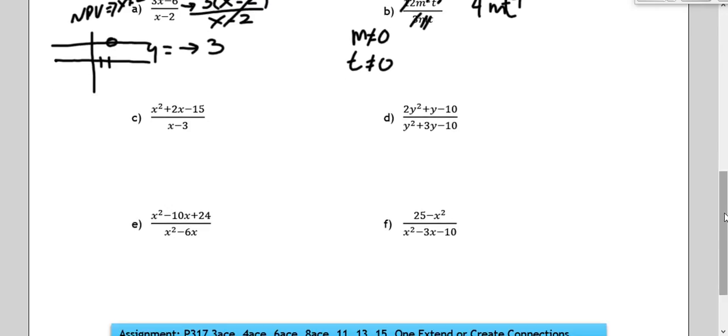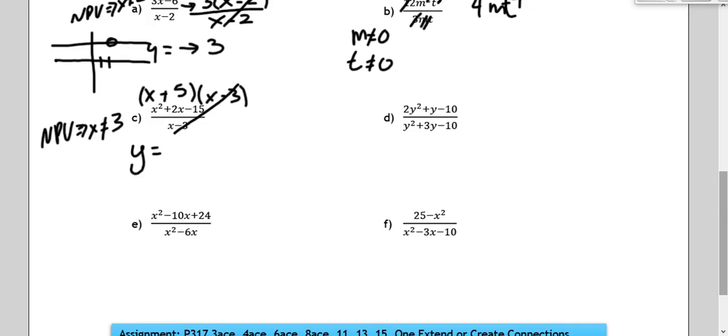Okay. Simplify the top here, we get x plus 5, x minus 3. Before I cross out, I state that my NPV is such that x cannot equal 3. And my final equation is y is equal to x plus 5. So if I graph that linear, however it happens to look, right at x is equal to -5.